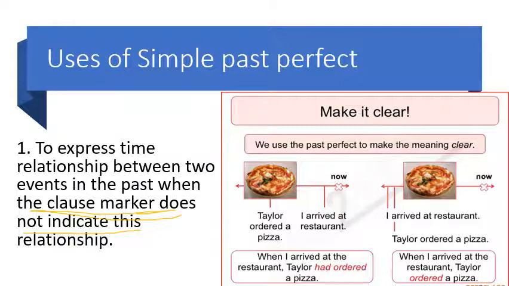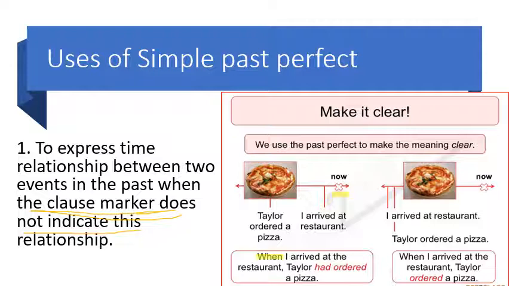Let me just make it yellow so it will be clear. And we have Taylor who ordered pizza and I arrived at the restaurant. If you look at the picture of the pizza, it happened earlier, before my arrival at the restaurant. Okay, when I arrived at the restaurant, Taylor had ordered pizza.